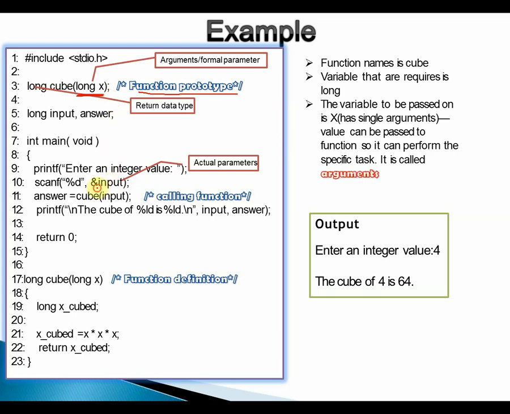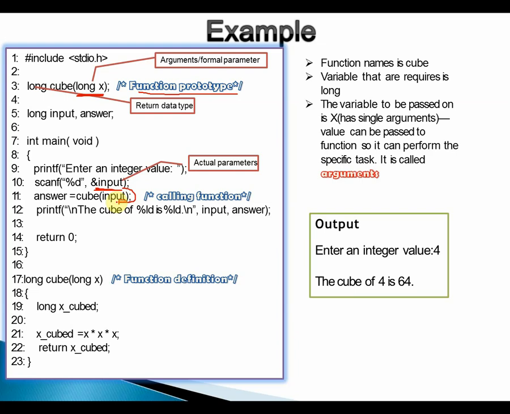Now this parameter, what you see over here, is the actual parameter, the input. When this input is taken as a value from the user and then put in this function call, this parameter is termed the actual parameter.